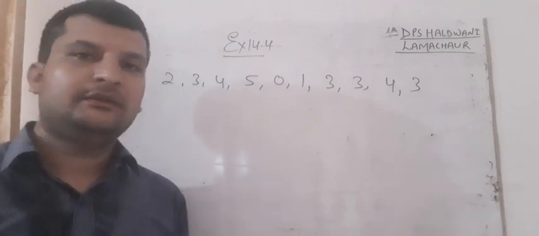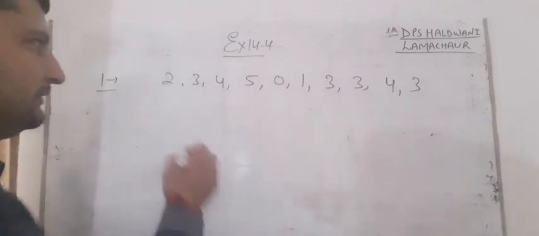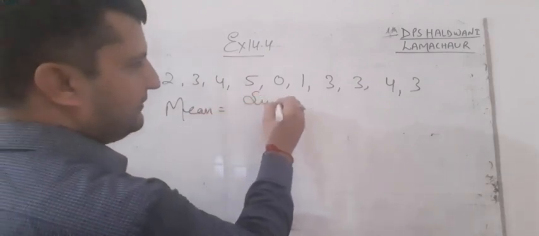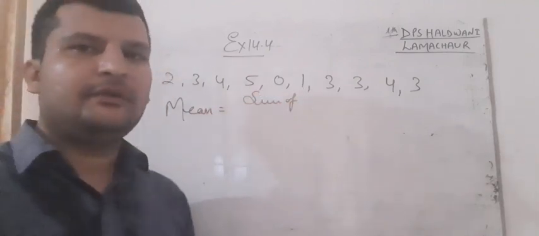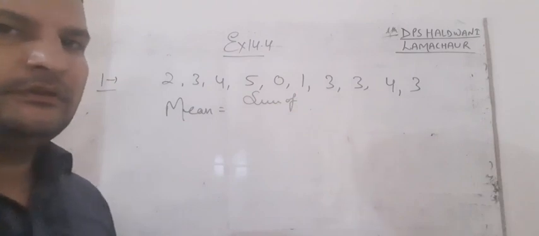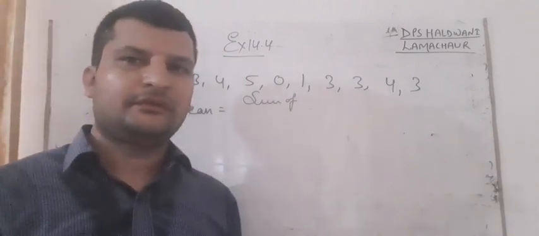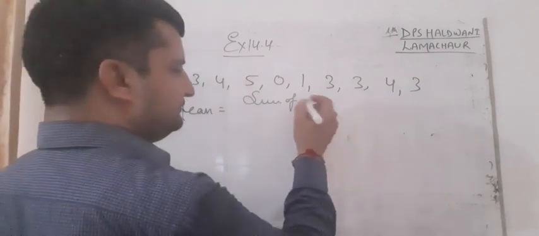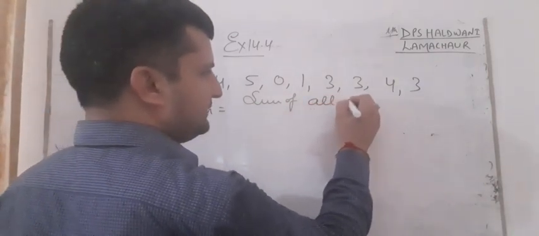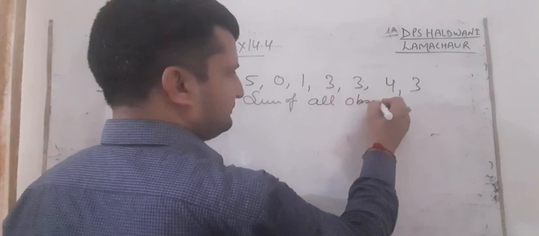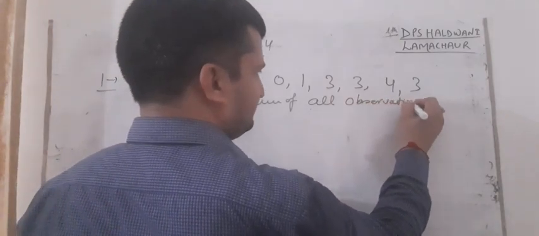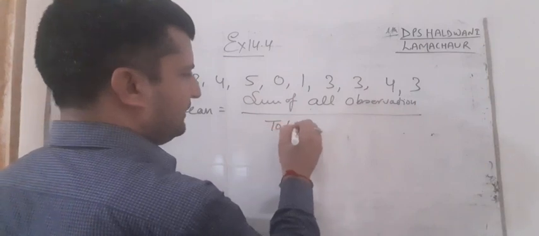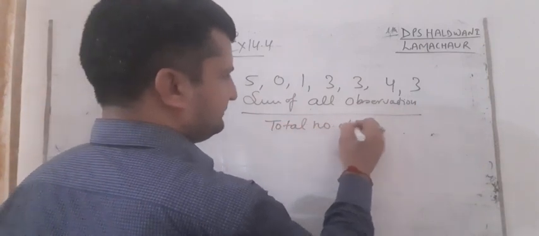For finding the mean, we have to write the formula first. Mean is equal to, again I am writing the formula. If you write the formula 2 or 3 or 4 times, you can understand the formula. So mean is the sum of all observations divided by the total number of observations.